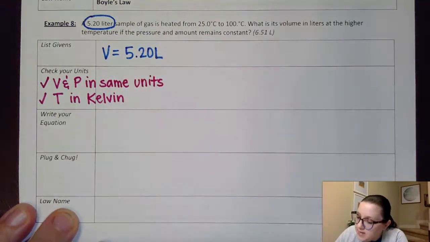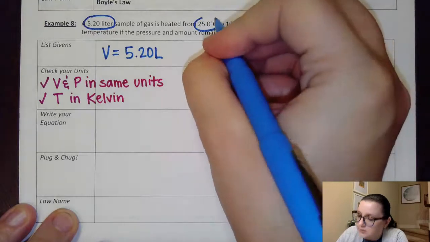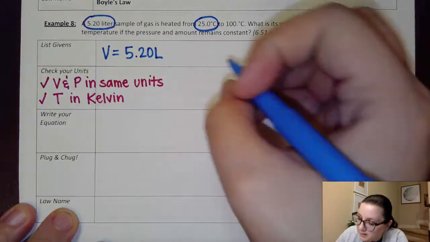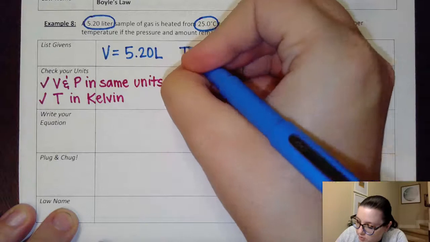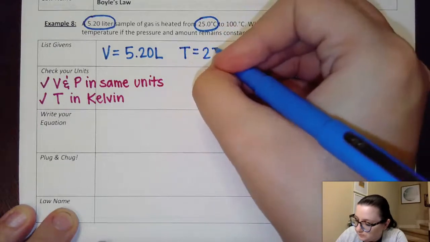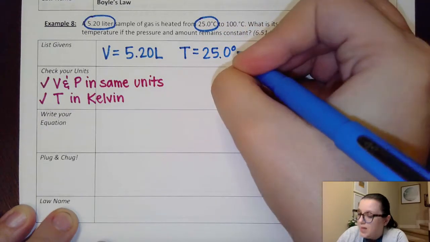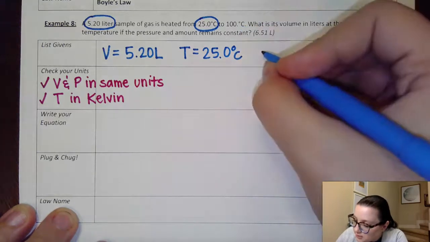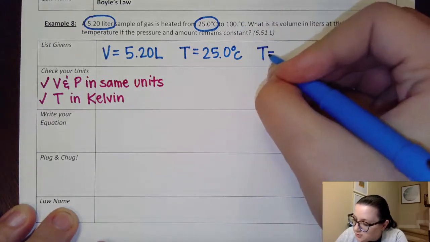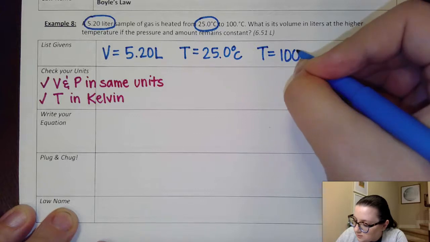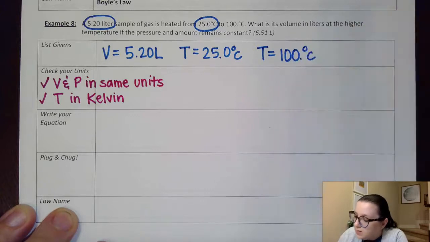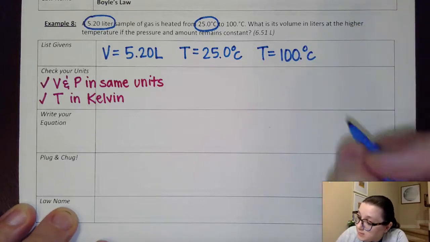My next variable is 25 degrees Celsius, which I recognize as a temperature. I see another temperature of 100 degrees Celsius. And I'm looking for what is its volume in liters.